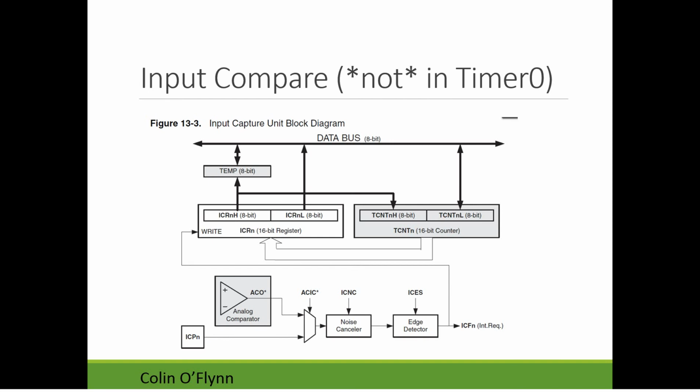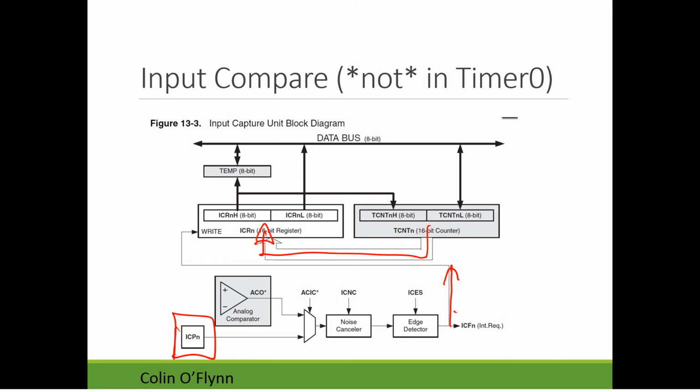We have this timer register, and based on some external input, this input pin here, ICP1, the input capture pin for timer 1, you can also use some of the analog comparators, when the event we've programmed occurs, either a rising or a falling edge on that pin, it copies the value of that timer to some internal register.